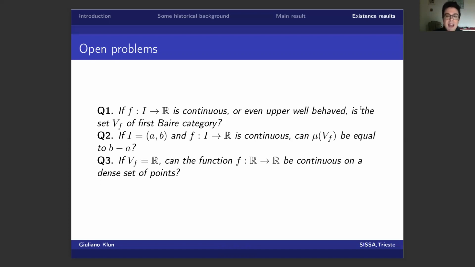The measure here can be any value between 0, which is the case of the standard Cantor set that has 0 measure, and any measure strictly less than the measure of the interval. The case in which f is continuous, because if f is not continuous over the entire interval, I have shown that V_f can be the whole interval, so it has full measure.